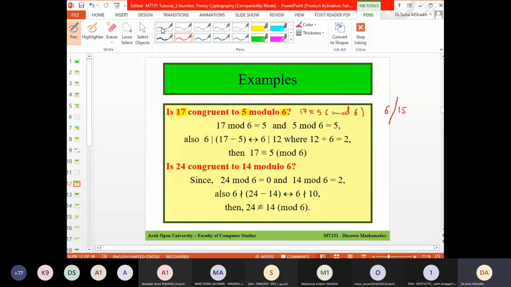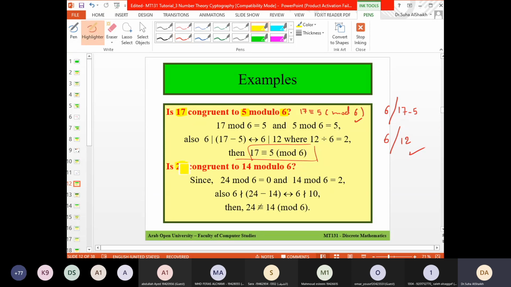It is correct if 6 divides 17 minus 5. Is it true? Yes. So this one is true, and 17 is congruent to 5 modulo 6.